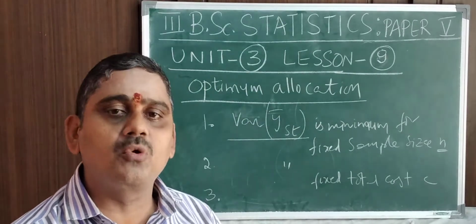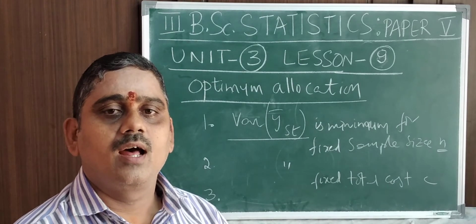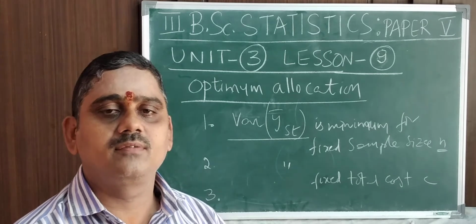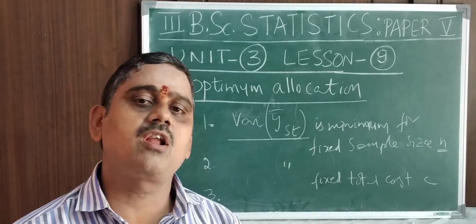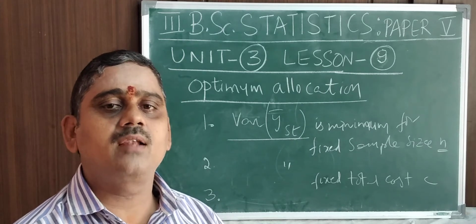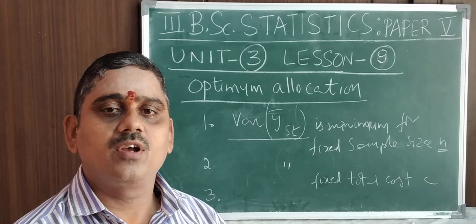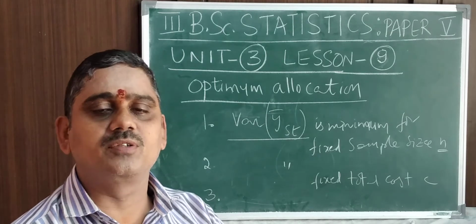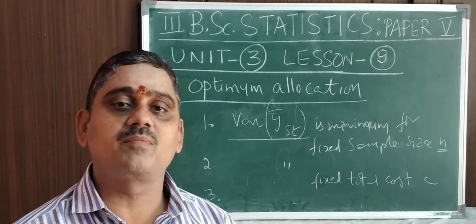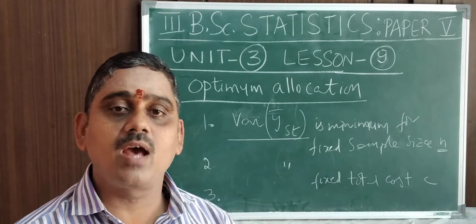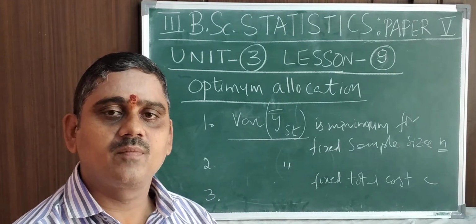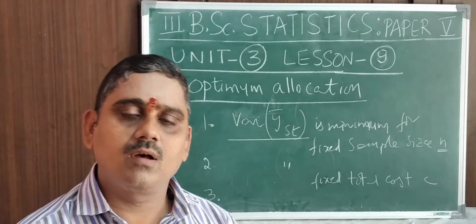By using these three rules, the allocation of the sample size is going to be done. Allocation of Ni's to various strata is done by using these three rules, and such a method is called optimum allocation. Are you able to understand?